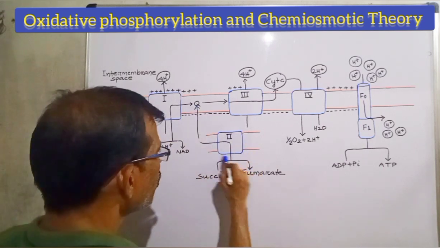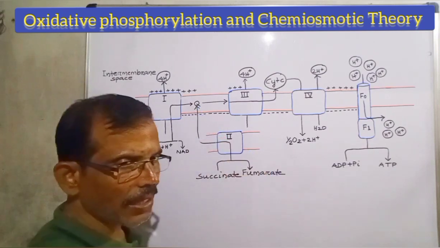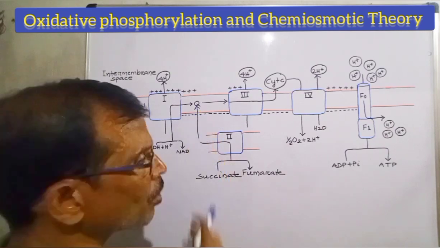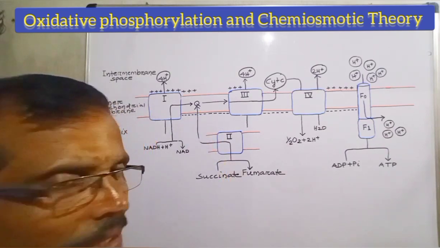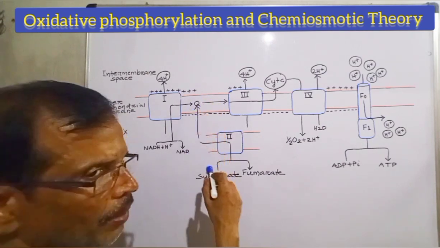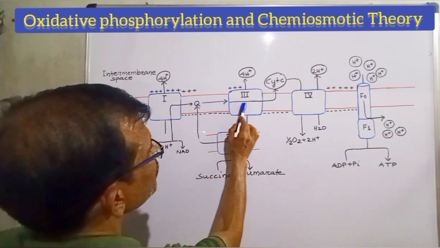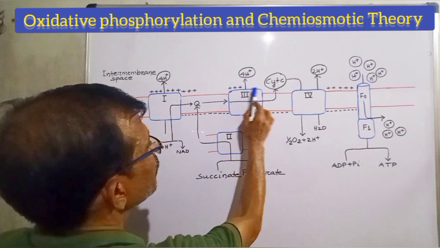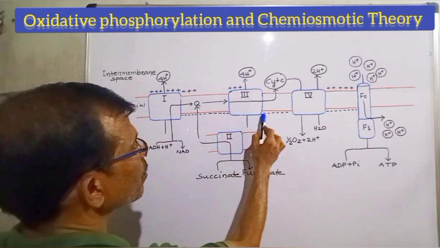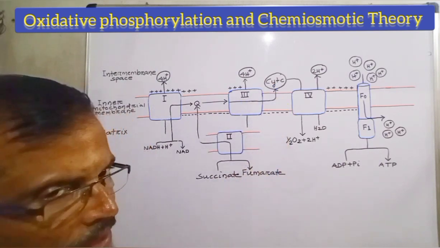Complex 2, also known as succinate ubiquinone oxidoreductase, transfers electrons from succinate to ubiquinone. Due to this electron transfer, ubiquinone is reduced to ubiquinol. From ubiquinol, electrons are further transferred to cytochrome C by complex 3, also called ubiquinol cytochrome C oxidoreductase.